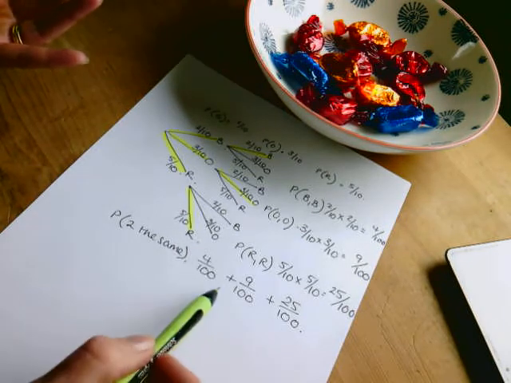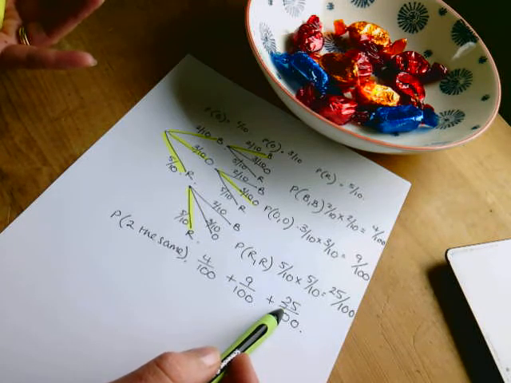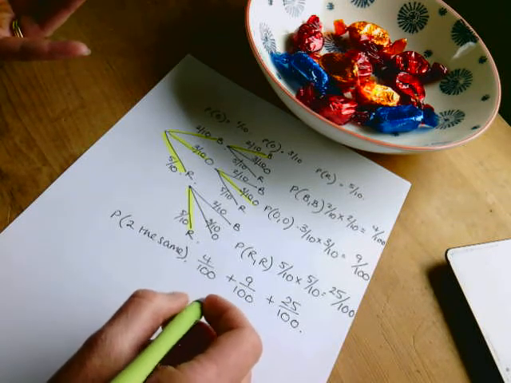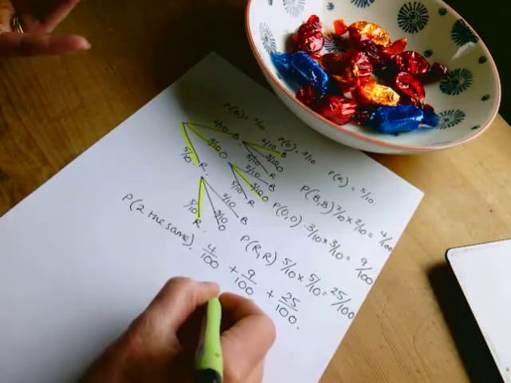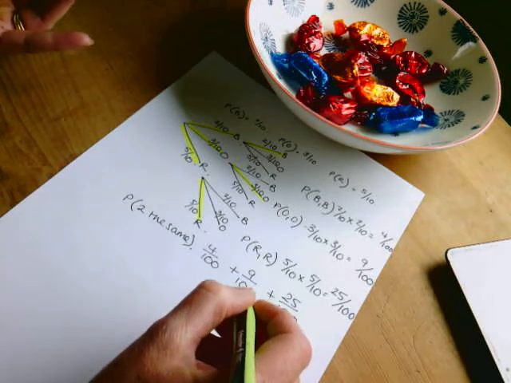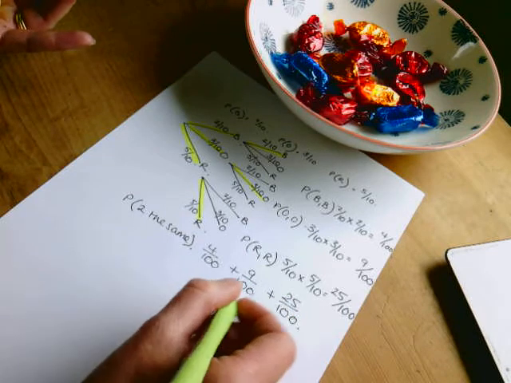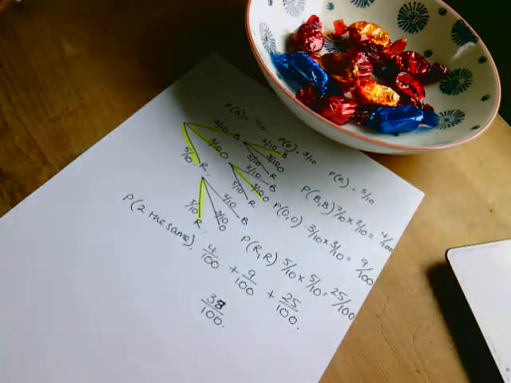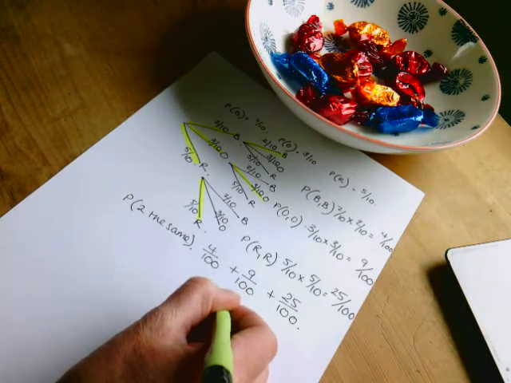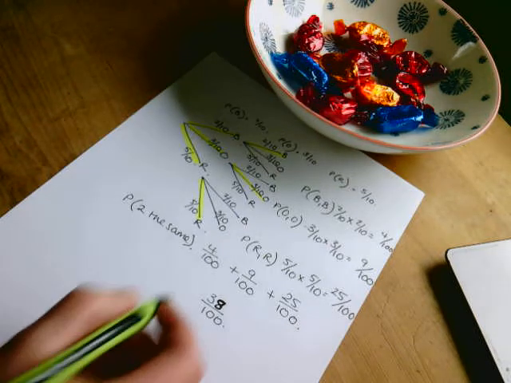So we've got a common denominator of 100. 4 plus 9 is 13, plus 25 is, mine's gone blank, 37 over 100. No, it's not. 13 plus 25, 38 over 100. Beg your pardon. Sorry. 38 over 100. So 4 plus 9 is 13, plus 25, 38 over 100. Bit of a mind blank there. To make that nice and clear, it adds up to 38 over 100. So that's the probability of two the same.